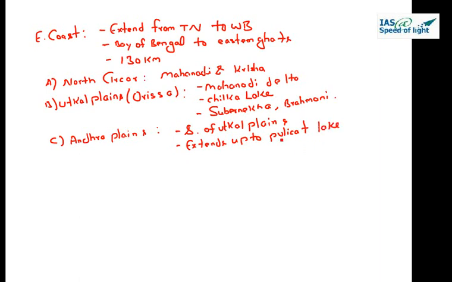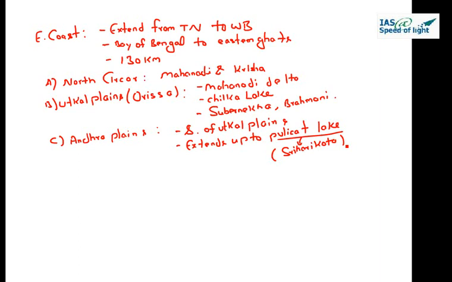Now, this Pulicat Lake is important because one very important place, Sriharikota, which is the launching site of ISRO, is located near to it. So, Pulicat Lake, you have to link it with Sriharikota, which is a launching site for the ISRO satellites.